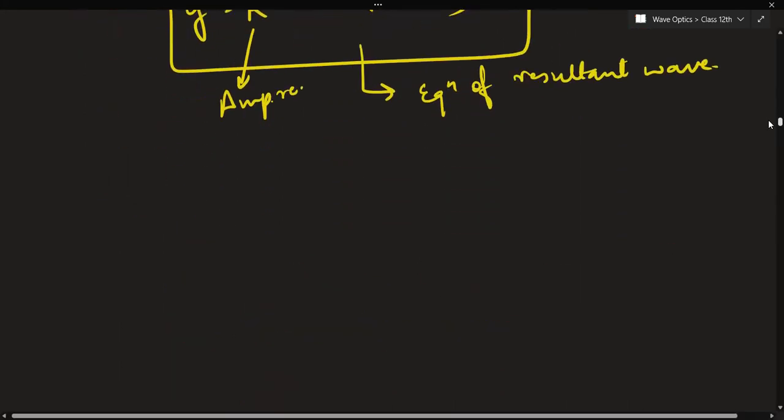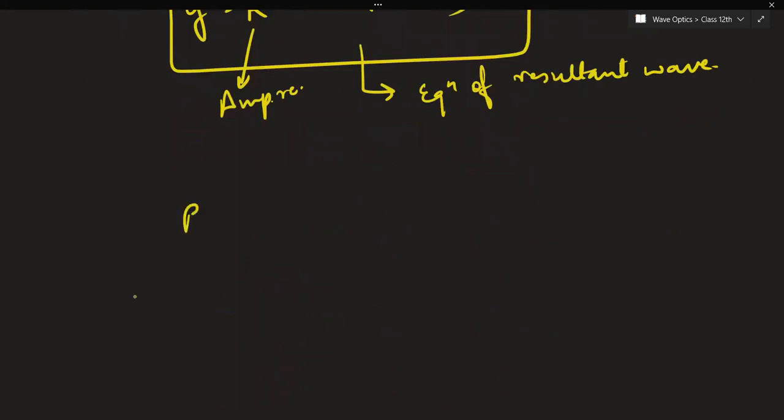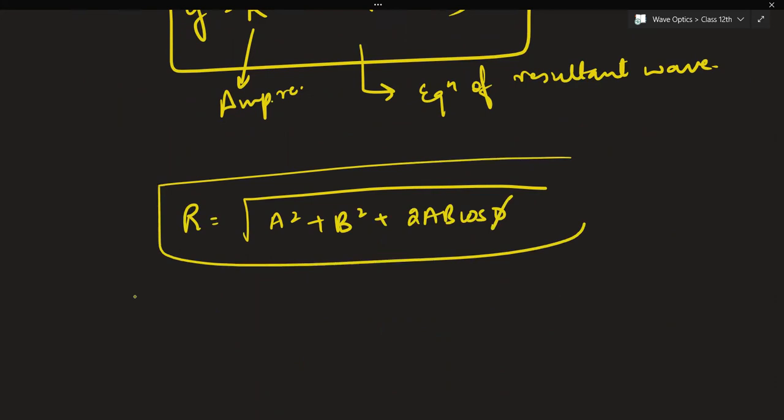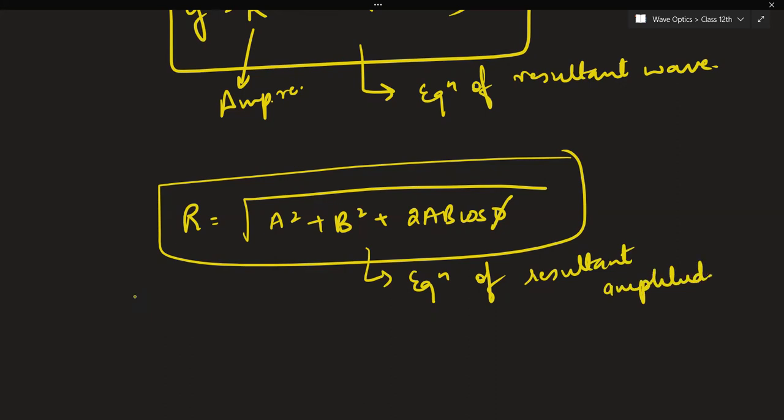We properly have this equation. You have studied the parallelogram law. It's similar to the parallelogram law. The resultant amplitude is under root A square plus B square plus 2AB cos phi, where phi is the phase difference. This is the equation of resultant amplitude.